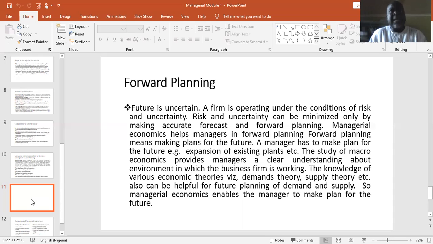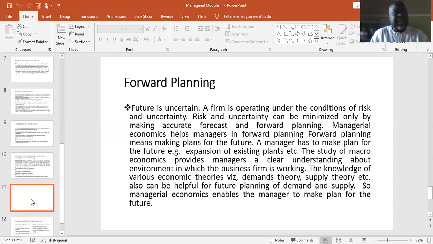A farm is operating under conditions of risk and uncertainty. Risk and uncertainty can be minimized only by making accurate forecasts and forward planning. Now, I just gave you the example of the pandemic. It's a risk that you can hardly estimate. You can hardly imagine it, but it came and affected businesses. Those who are resilient, those who are grounded, will survive it. Then as we were trying to get out of the pandemic, the criminality started.